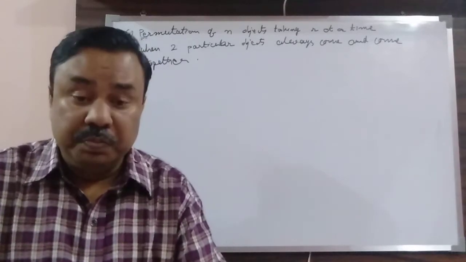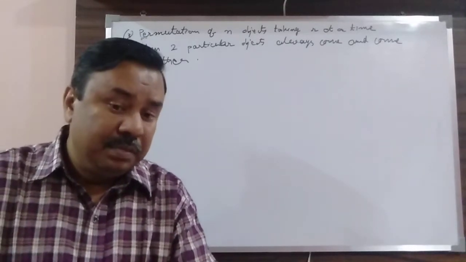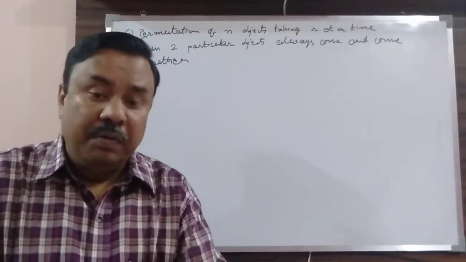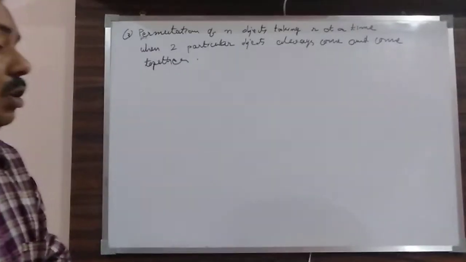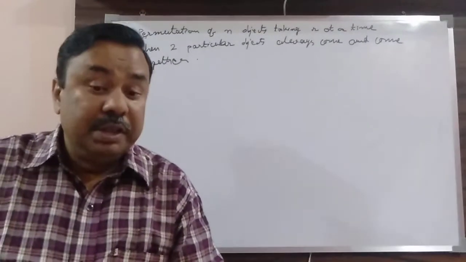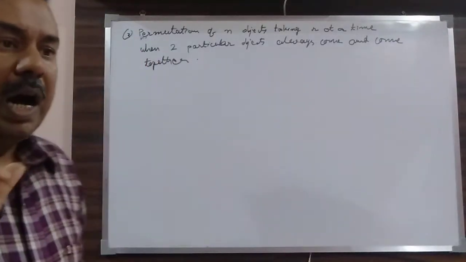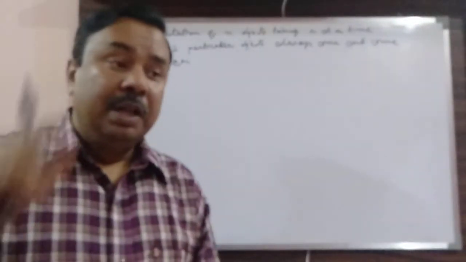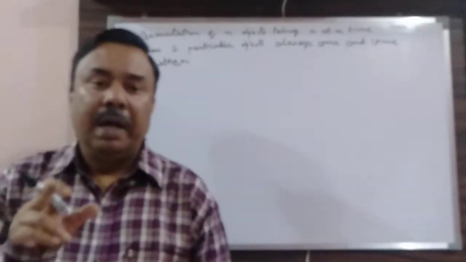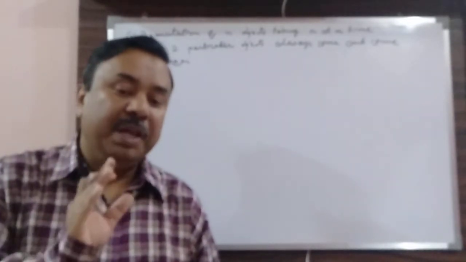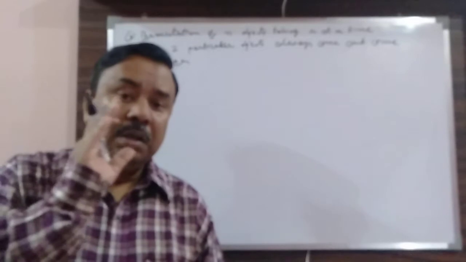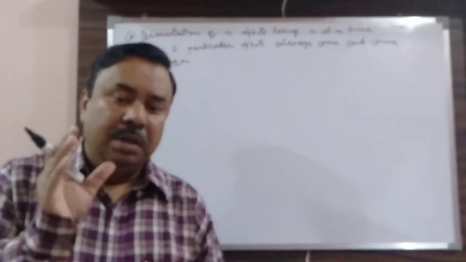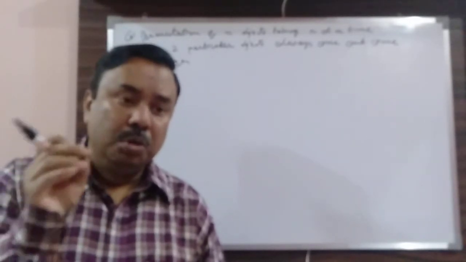Now, how will you do? First thing, these two have to be together. So what I will do is take out these two first, and then arrange the remaining objects at r minus 2 places, keeping blank space for those two objects.